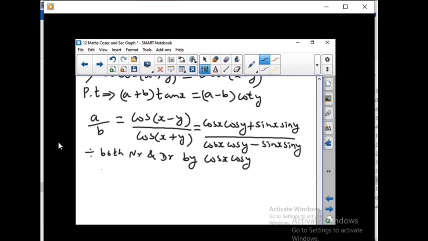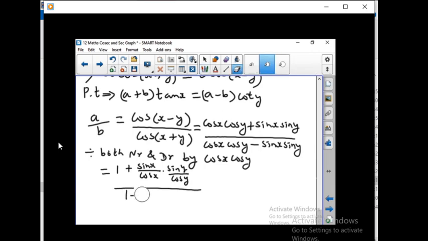So the first term becomes 1 plus, so separately we are dividing, okay. So sin x sin y, we can write it as sin x by cos x into sin y by cos y. Similarly for the denominator, first term becomes 1 minus sin x by cos x into sin y by cos y.